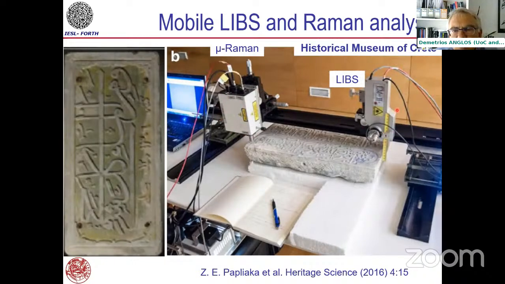We have the LIBS probe head on the right, and they do their analysis. We can work in parallel. We don't have a way to go to exactly the same point. However, both instruments are equipped with cameras, and we can find roughly with very good accuracy and point at the same area, first with one, next with the other.